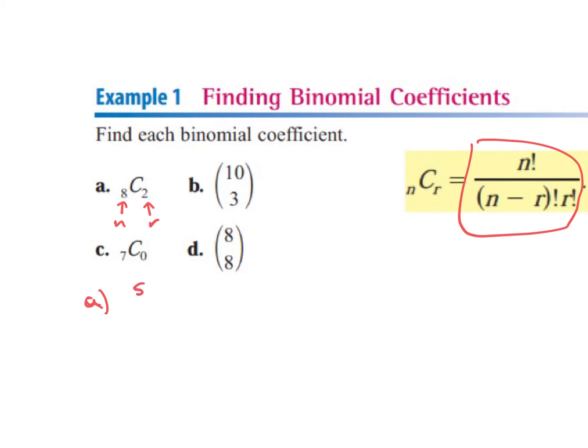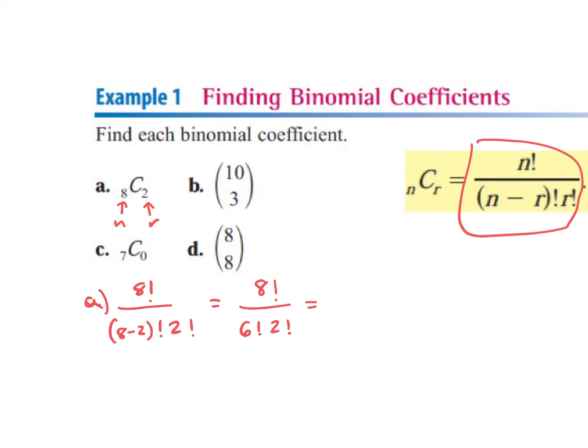So we have 8 factorial over 8 minus 2 factorial times 2 factorial. We can simplify: 8 factorial over 6 factorial times 2 factorial. And now we can solve.